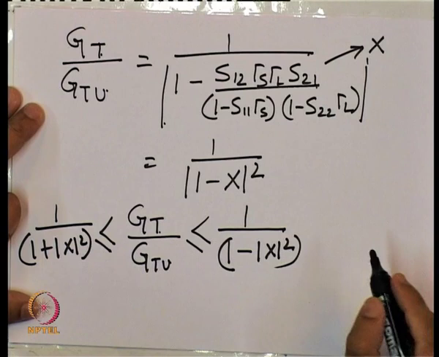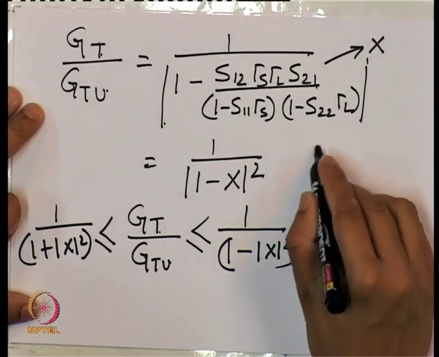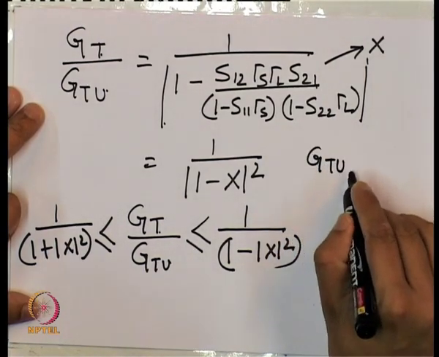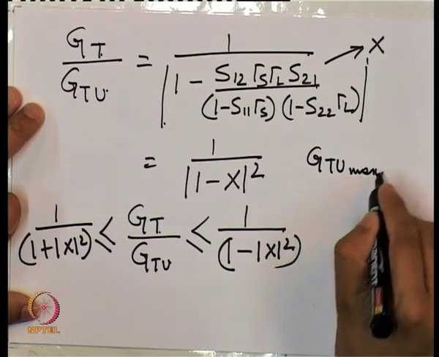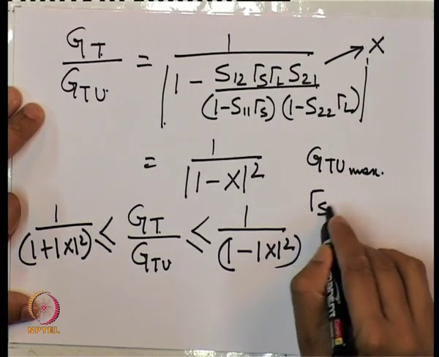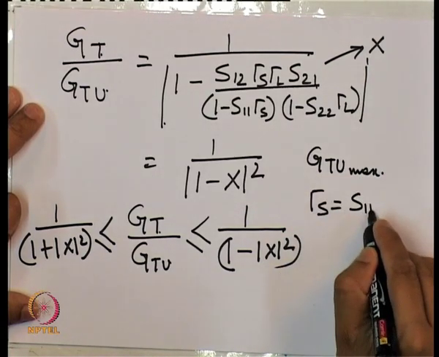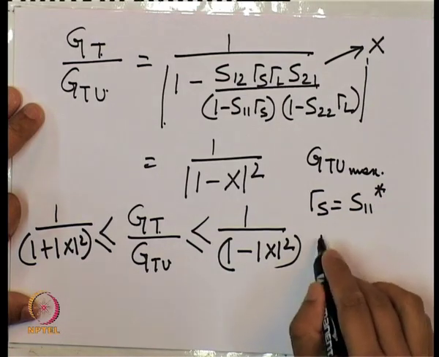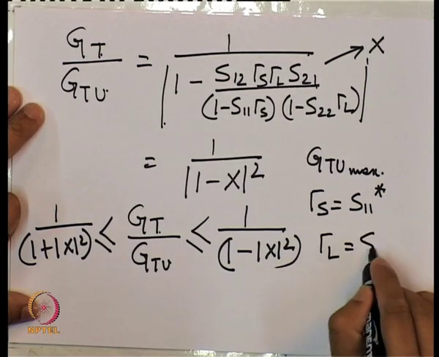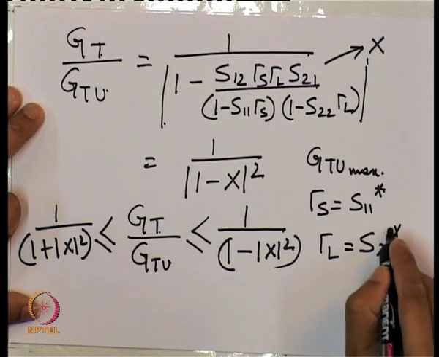Now, GTU max, as we know, is obtained for gamma s equal to S11 conjugate and gamma L equal to S22 conjugate.